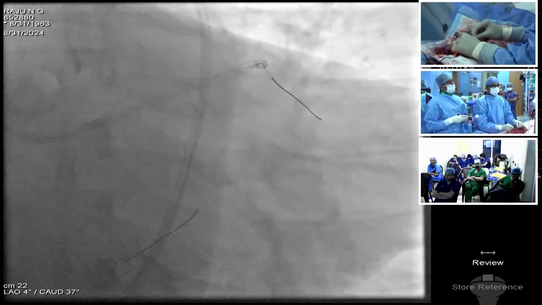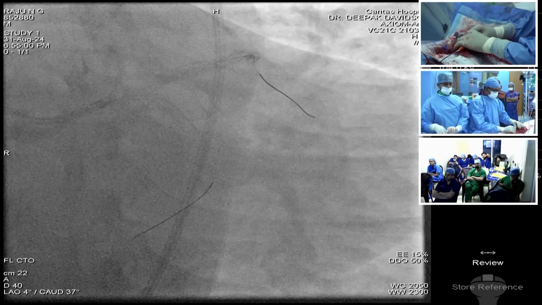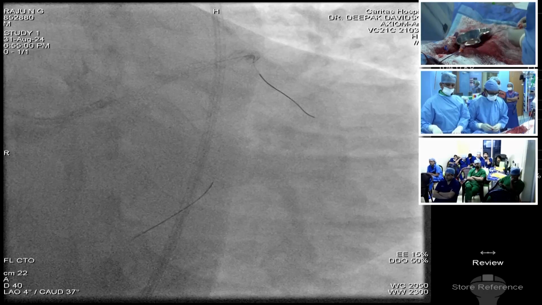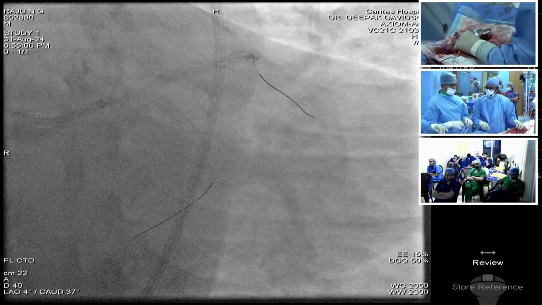No, we need a New York one. Okay. There is some intertwining. Okay, New York wire, New York balloon. Okay, give the New York balloon into the circumflex. The 3 one. Yes. Give the 3. Don't disconnect that.